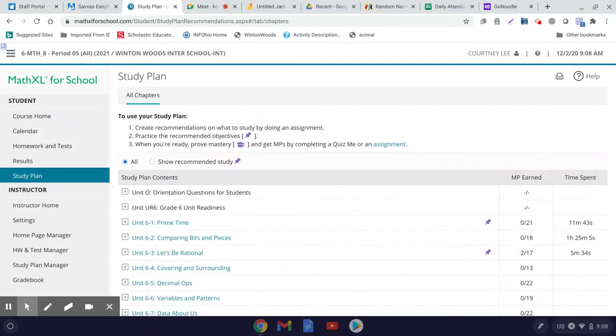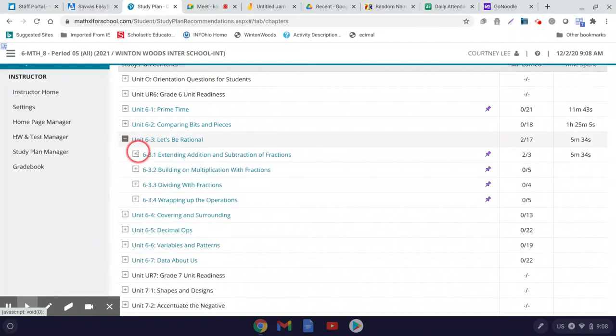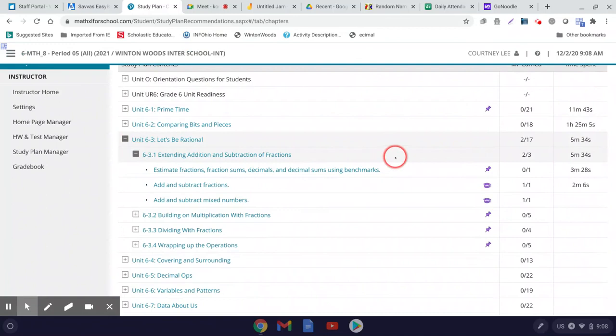It is the third unit, so it should say 6-3. We're still on the first investigation, and so we need 3 mastery points. So let this be the third day on this.